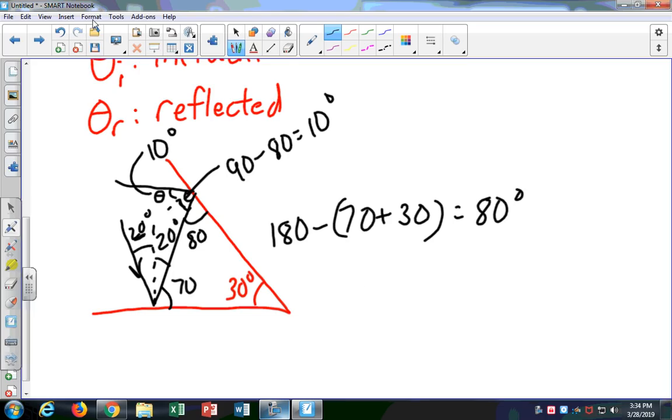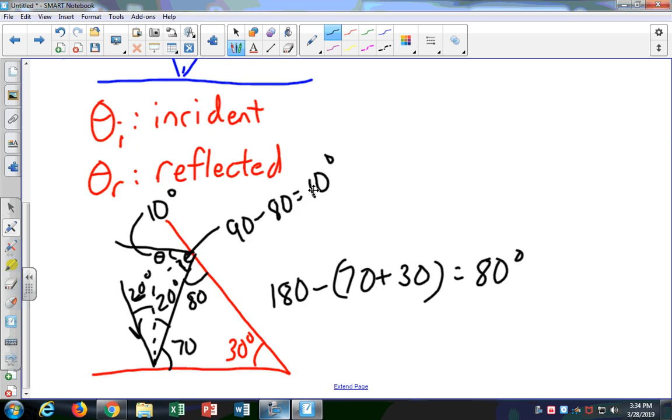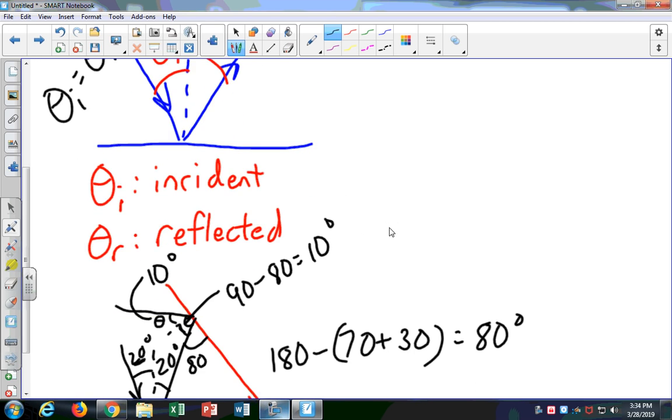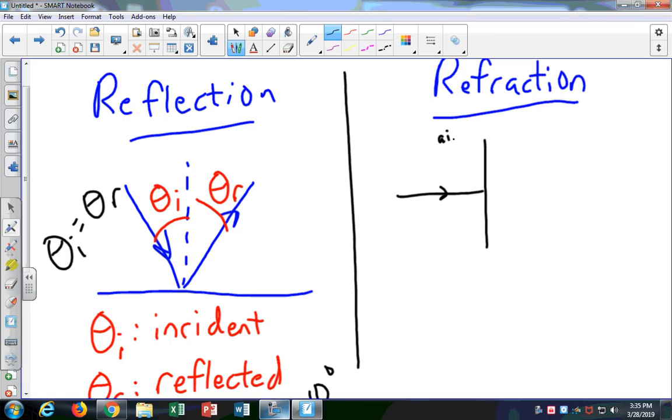And the other thing is refraction. In refraction, I have a light ray that enters into a medium. So let's say I have air on this side and glass on this side. The light ray enters into the medium, and it slows down.